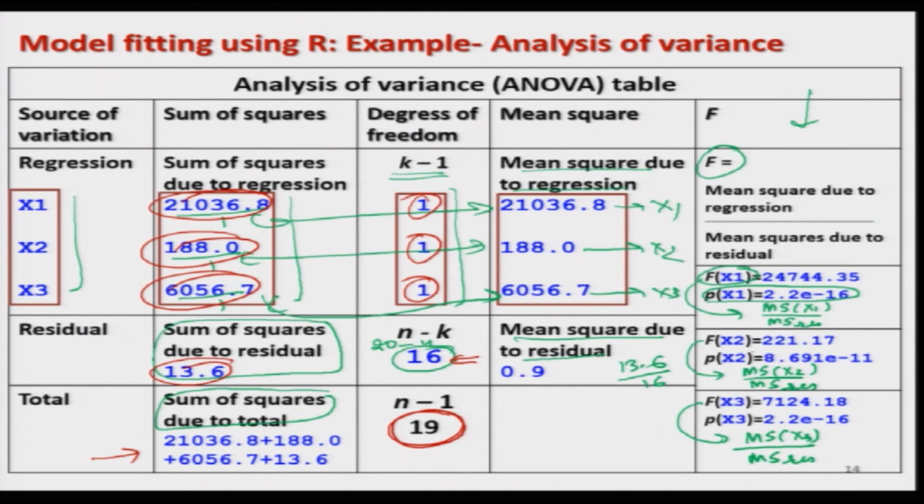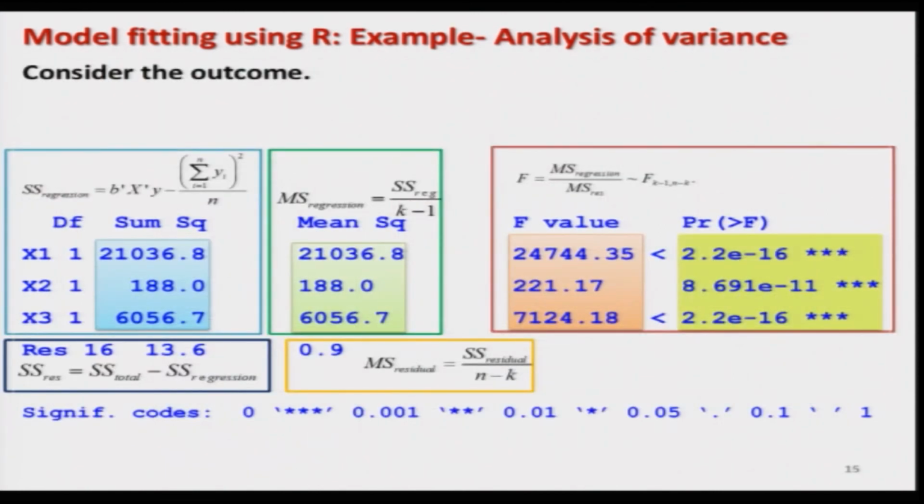And similarly, the corresponding p values are like this. So, you can compare these p values and take a call whether the null hypothesis is accepted or not. Here I am giving you the same outcome, rearranged, so that I can show the expressions which compute these values.